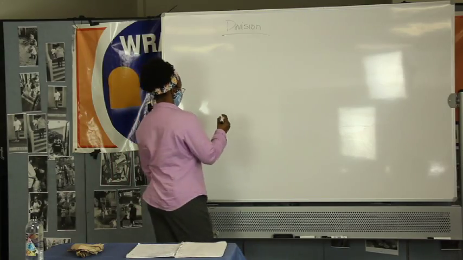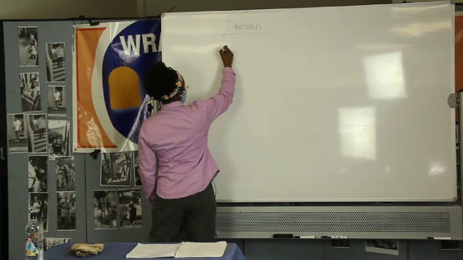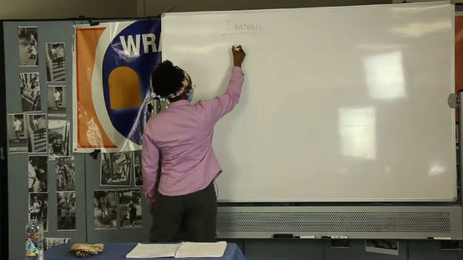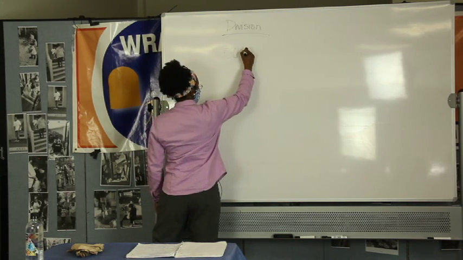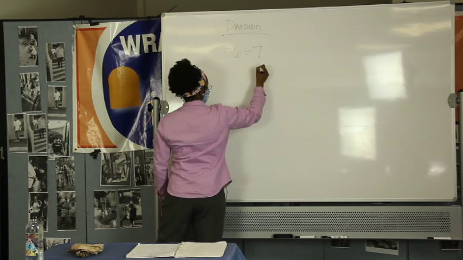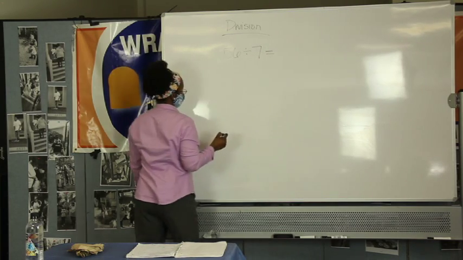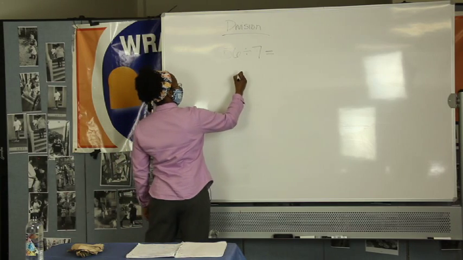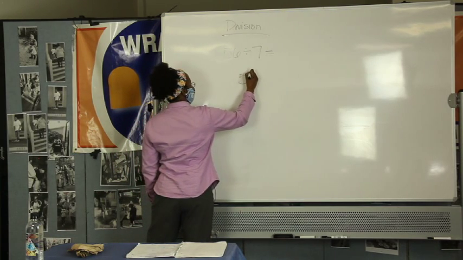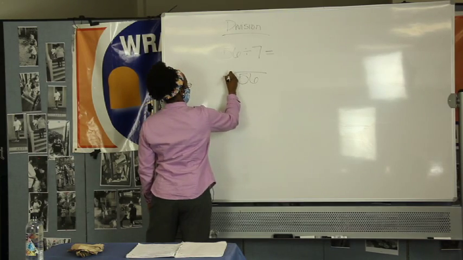Now the other way that we do division, instead of seeing it like this, 56 divided by 7 equals, you can change the look of the problem. 56 divided by 7.